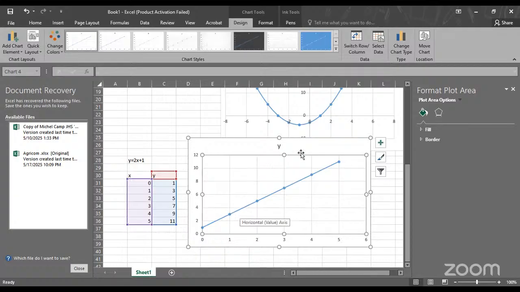Now, you take a look at the equation, you realize that the gradient here is positive. So anytime we get a positive gradient, this is how we expect a linear graph to be. Linear means straight line. So when we plot this equation on a graph sheet, this is how it's supposed to look.